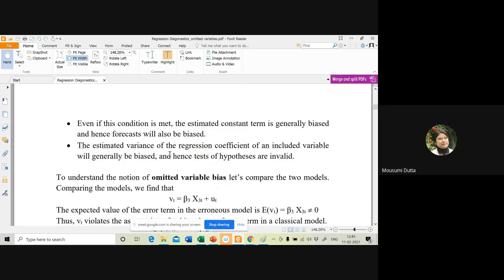The estimated variance of the regression coefficient of an included variable will generally be biased and hence tests of hypothesis are invalid.